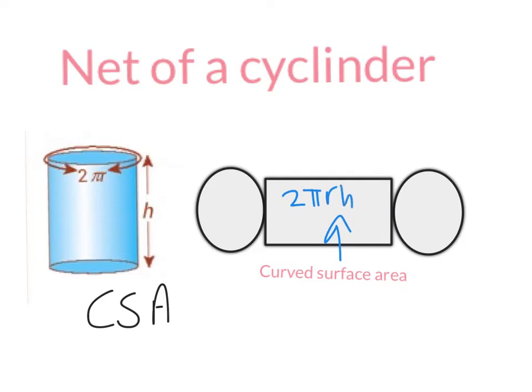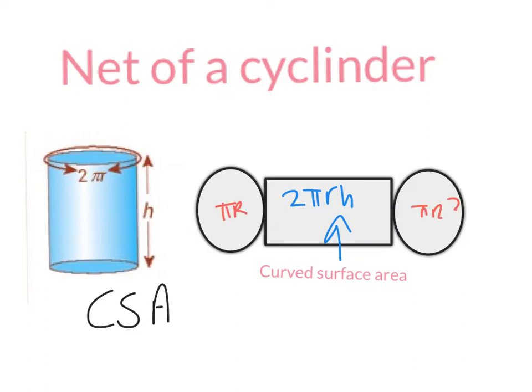Again, that's on page 10 of the log tables, but that's super important. If I'm asked to paint this cylinder, I would be painting this. So I need to find the area of this, which is 2 pi r h. I also need to find the area of my circles. So don't forget, your area of a circle is pi r squared.